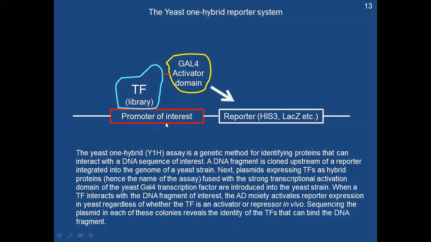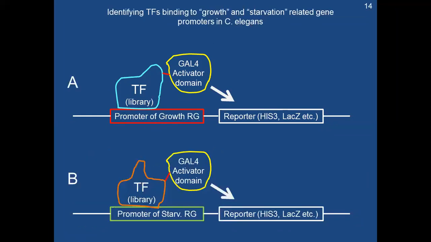What is our promoter of interest? Our promoters of interest are of two types. We are doing an experiment in C. elegans, and we are checking what binds to the promoters of genes which are stimulated when the organism is given food, when it is growing. So, promoters of genes that are related to growth.